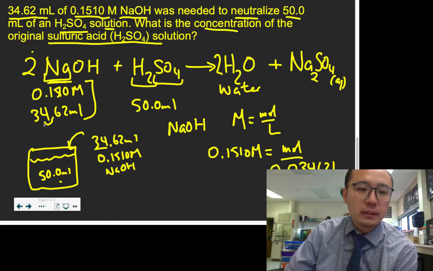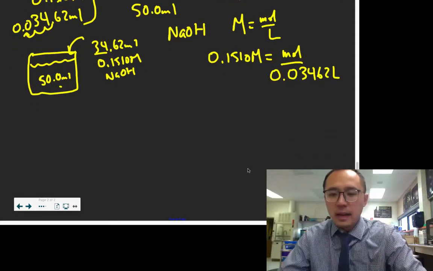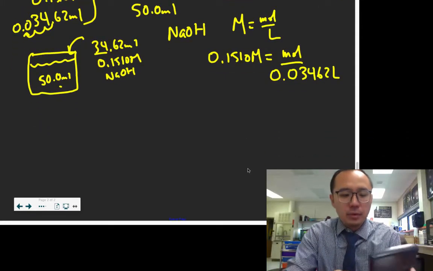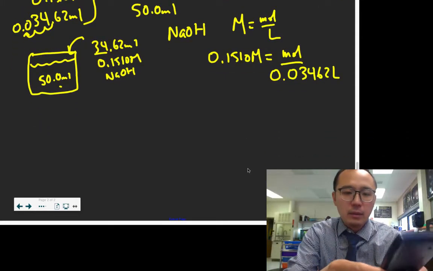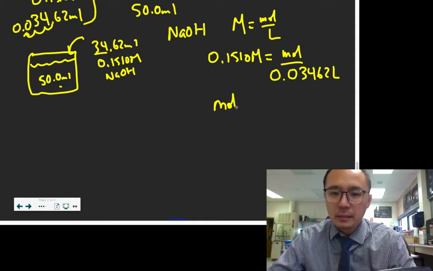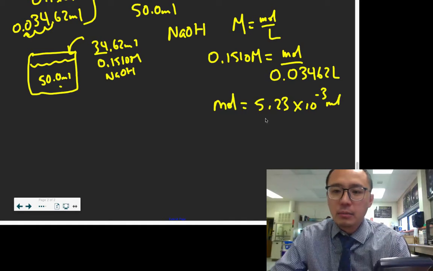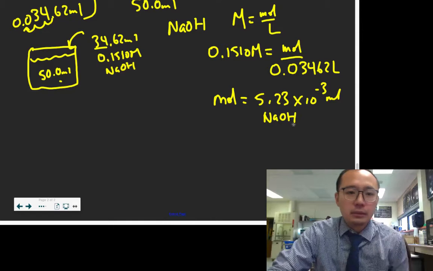Again, I'm just shifting the decimal place three times to get this number. Okay, and then calculate the moles. Let's punch it into the calculator. 0.1510 times 0.03462. My answer for moles, double-checking my answer here, is 5.23 times 10 to the negative 3, and this is the moles of NaOH that was needed to neutralize.